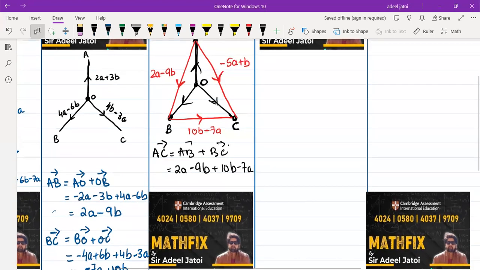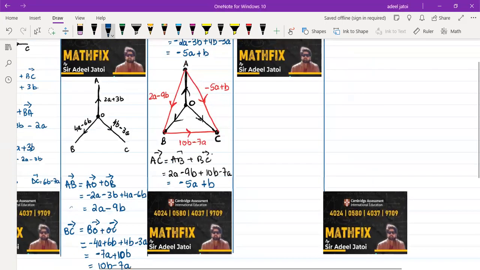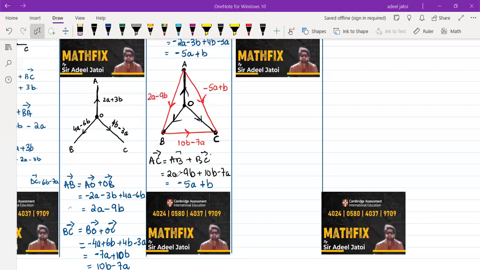So what is the end result? 2A minus 7A becomes minus 5A. Minus 9B plus 10B becomes B. So we got the same answer that we got through AO and OC, we got through AB and BC.